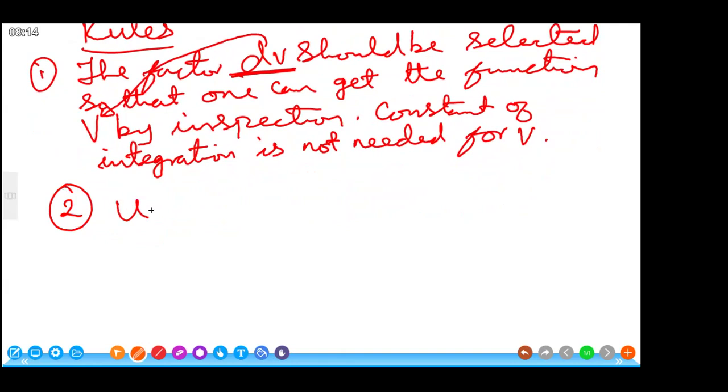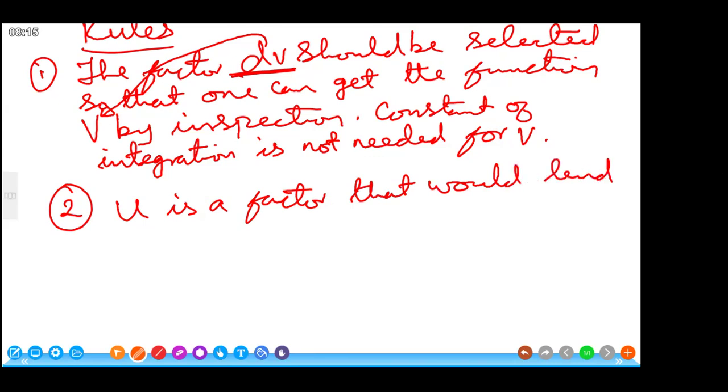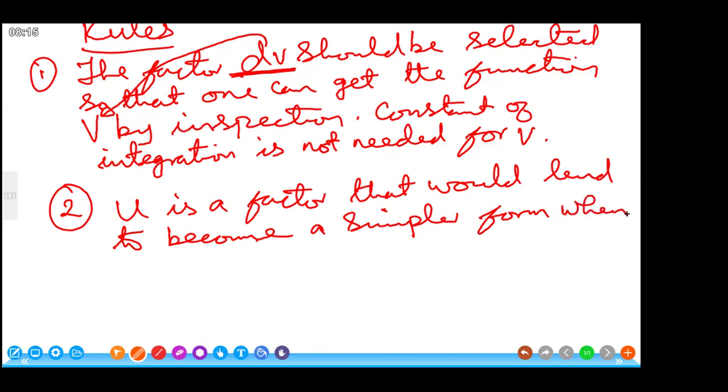Right. u is a factor that would lend to become a simpler form when differentiated.